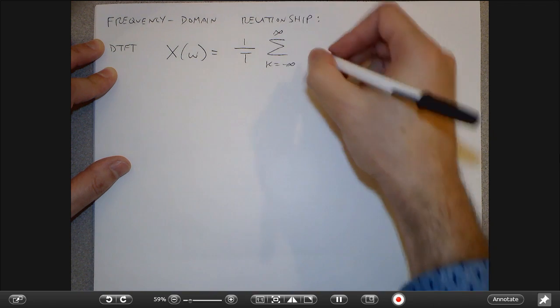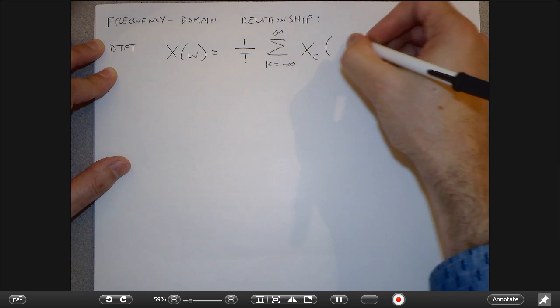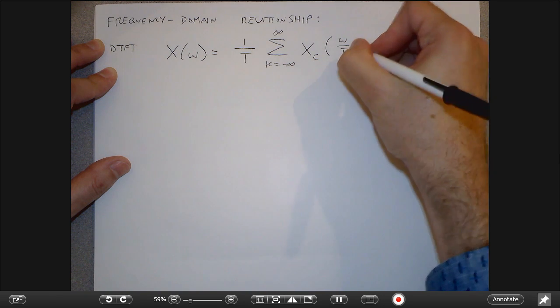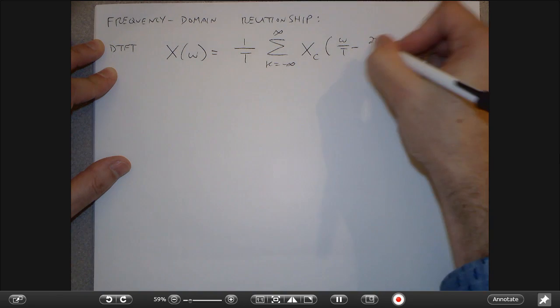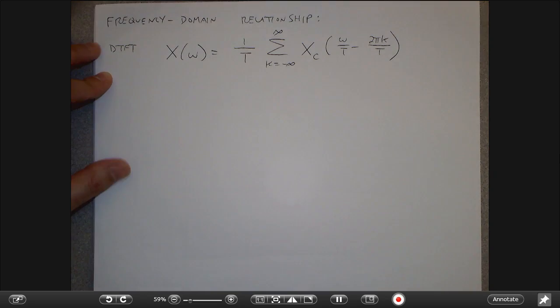The height of the copies is 1 over T, and the copies are centered at multiples like this.